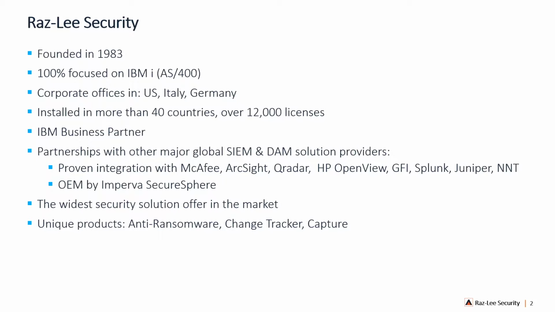We provide, as far as we can understand and check, and this is of course not objective, the widest range of security solutions. But more than that, we provide the highest technology in this marketplace, and we do provide some unique products, unique because there is no competition to them.